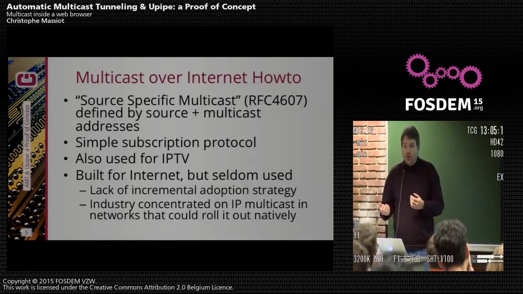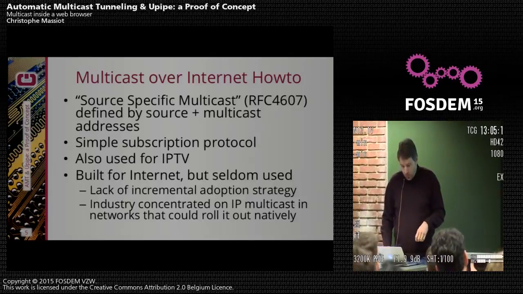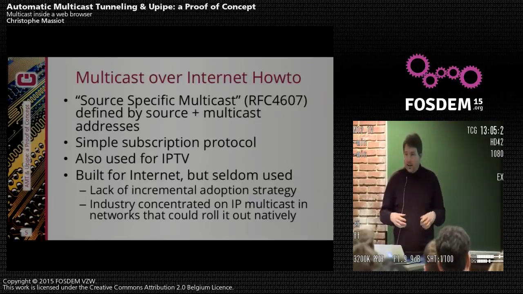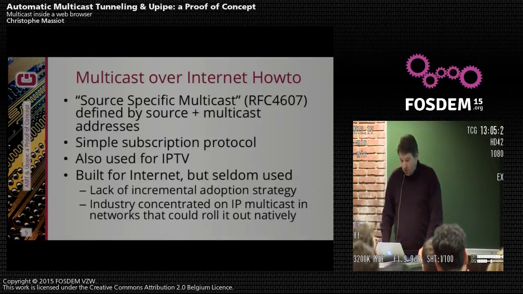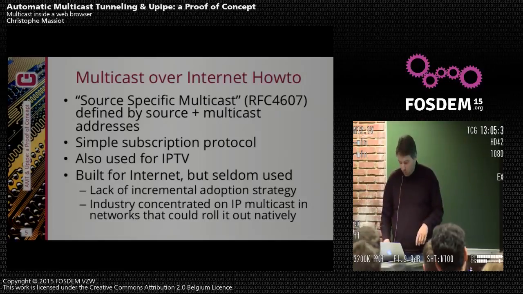So it's 1 or 0, and since today it's mostly 0, no one has an incentive to do multicast. Also, people in the industry like Cisco, Juniper, Alcatel and so on concentrate on delivering IP multicast in networks that could support it already. So they're not interested in the big internet so far.